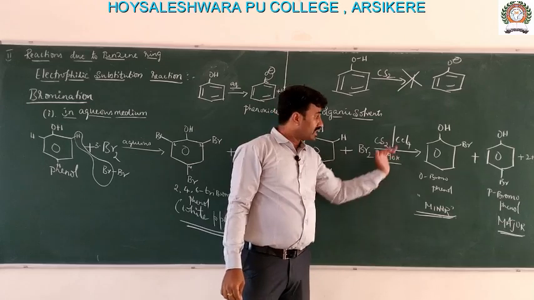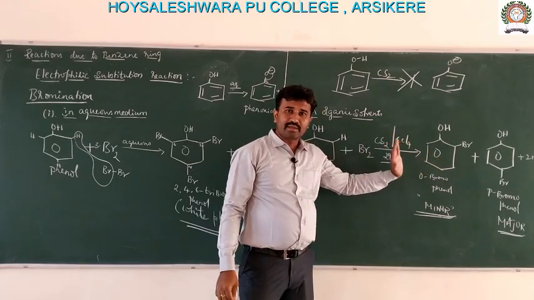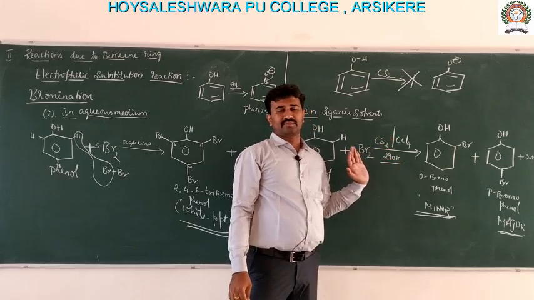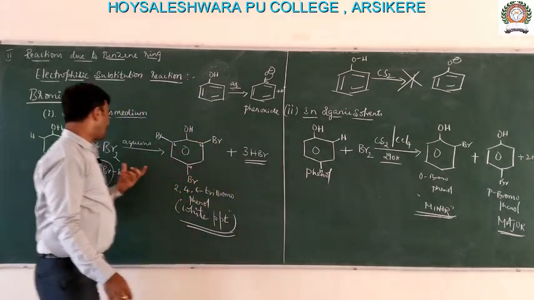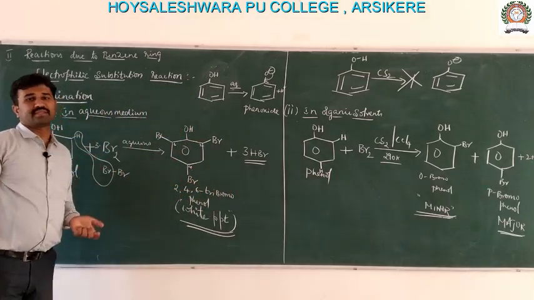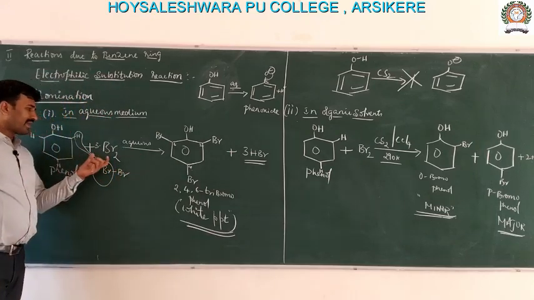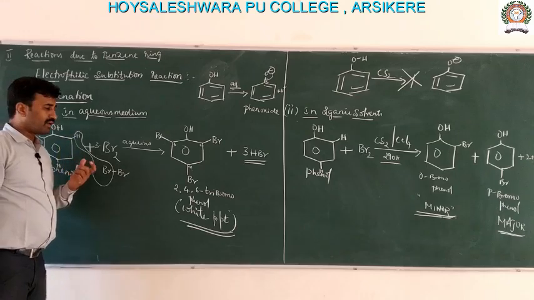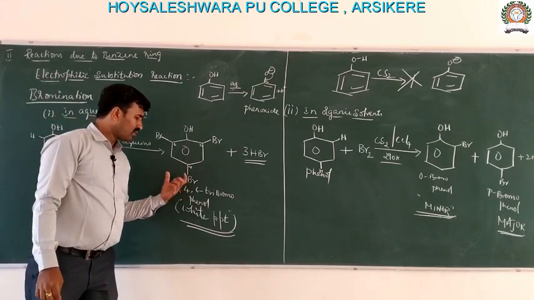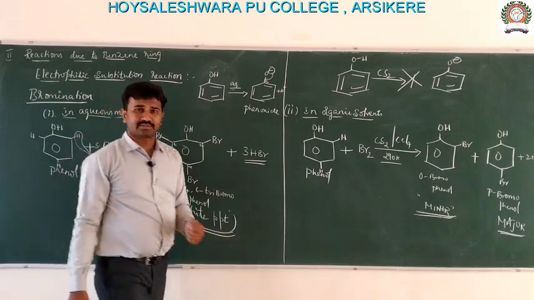Therefore, the electron density in the benzene ring is less in organic medium as compared to phenol in aqueous medium. Therefore, phenol upon reacting in aqueous medium with bromine forms 2, 4, 6 tribromophenol, a white precipitate. Okay.